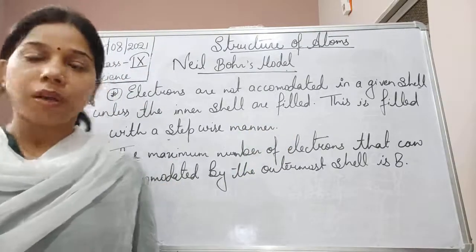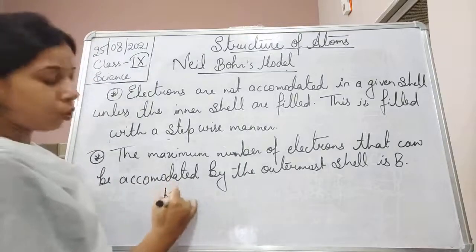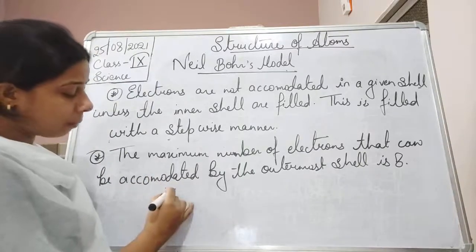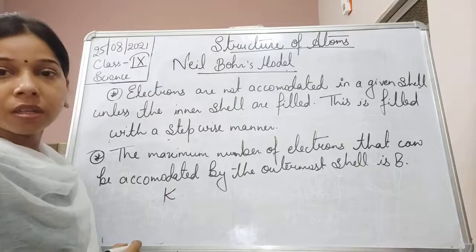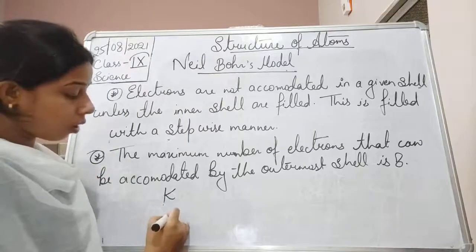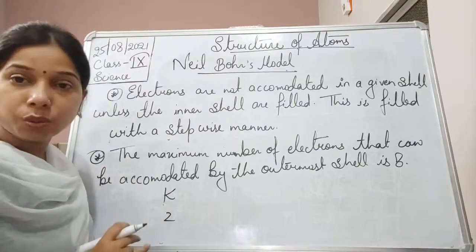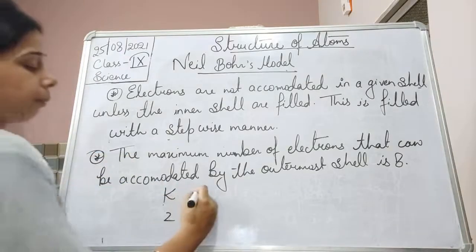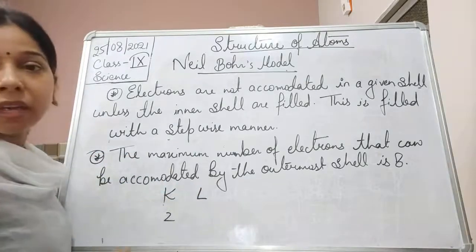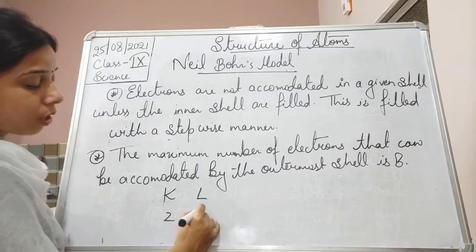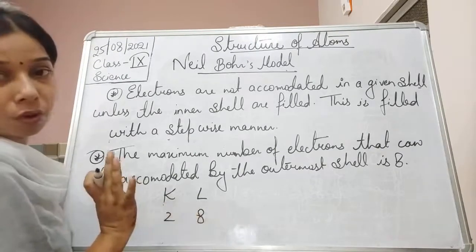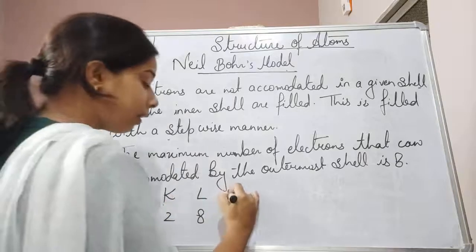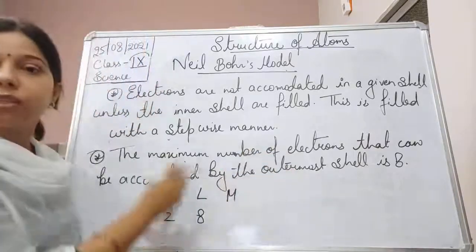Suppose first of all electrons will enter into the K shell. So it will complete its electronic configuration. After 2 electrons, no more electrons can enter into the K shell. Then electrons will enter into the L shell. After entering the L shell, it can accommodate only 8. So yes, 8 electrons will be there. Then it will start entering the M shell. Likewise, you have to go.